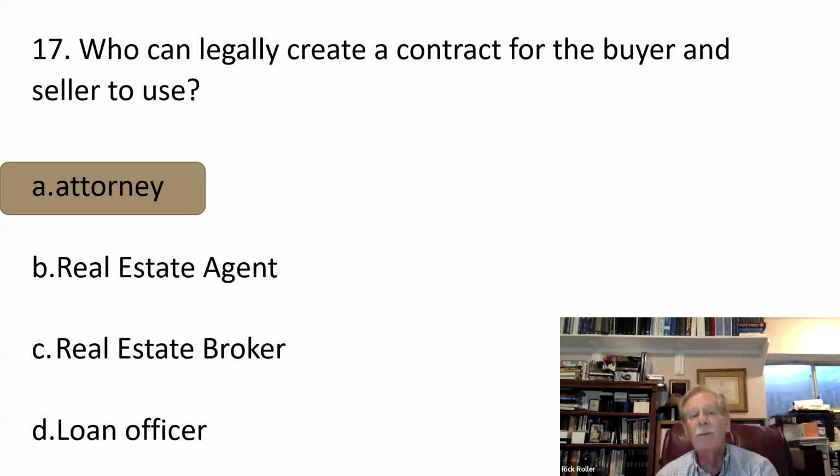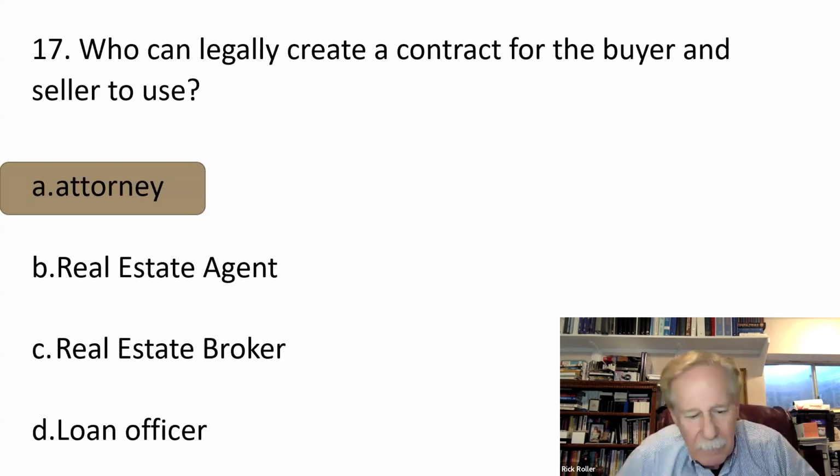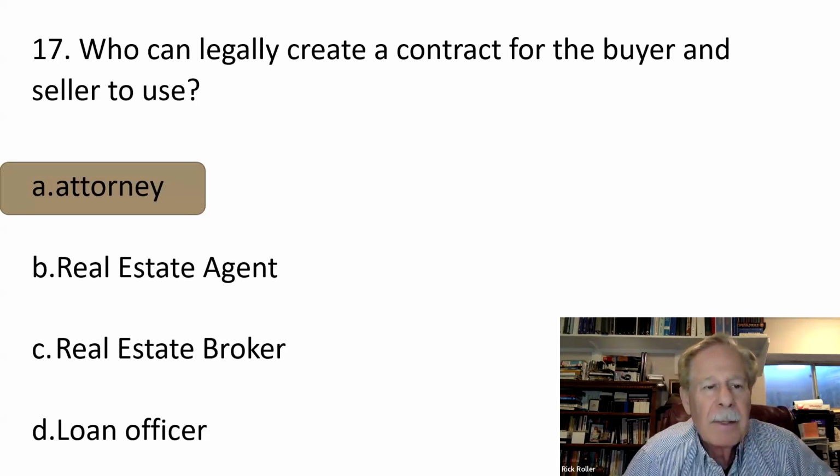It doesn't have to be state approved, but it has to be written by an attorney for our use. The best example of this is all home builders have their own contract that they write on their new homes, and they have their attorneys write those. So that's where that contract came from. It wasn't the agent, certainly it wasn't the broker, and it wasn't a loan officer.